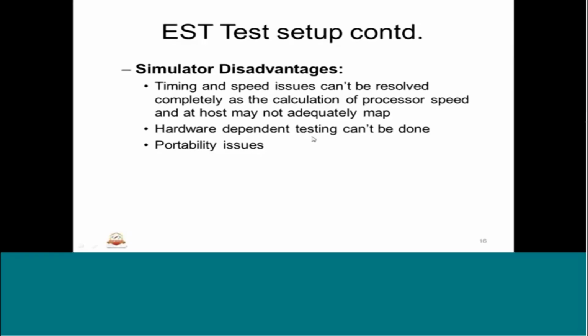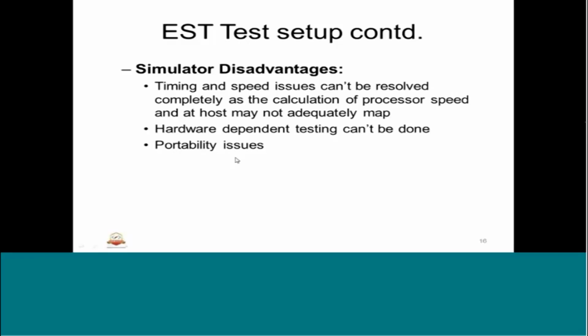And of course, as I said, hardware dependent testing, like the baud rate or the interfaces connected for SPI, we may not be able to test. Also, we develop the code in the host environment, cross compile it and run it in simulation, and it should be possible to port it as it is to the target without difficulty.